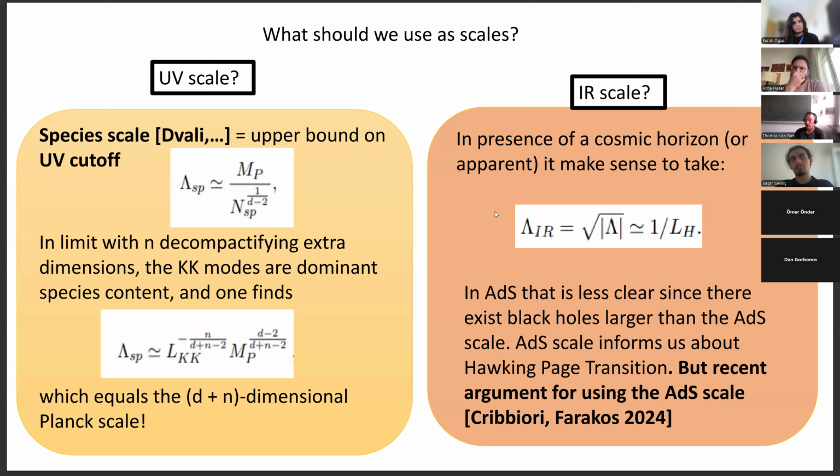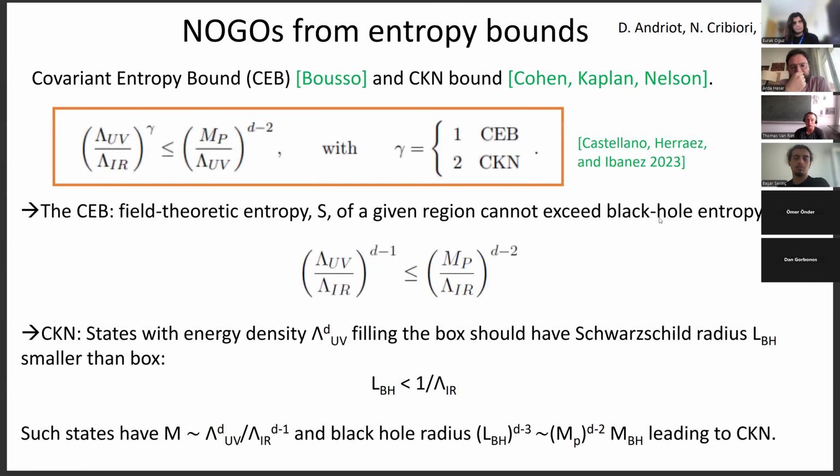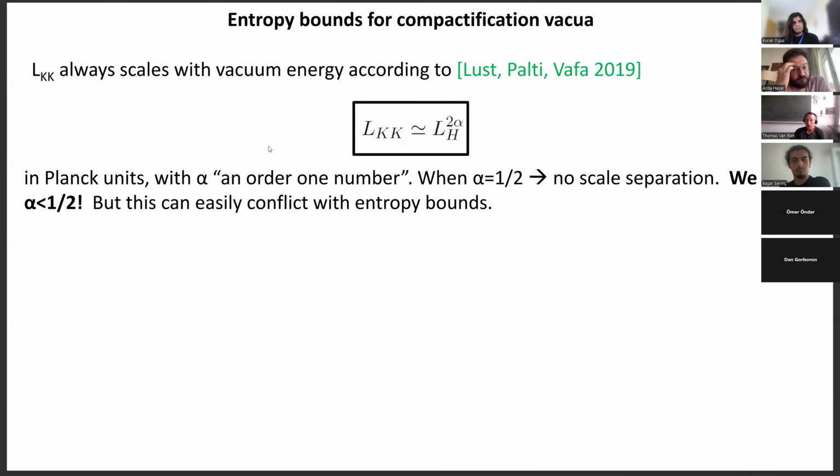So for that reason, I'm going to assume that the IR scale, both in de Sitter and anti-de Sitter, is given by this formula here, the square root of the cosmological constant. All right, so then I'm done, right? I fix my IR scale, I fix my UV scale, and I can just plug it into these formulas which I have here. And the only thing I'm going to do is use a parametrization, which I think is extremely useful, due to Lust, Palti, and Vafa in 2019.